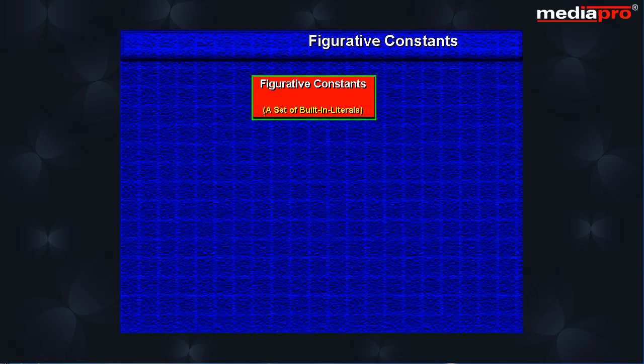RPG also provides a set of built-in literals called figurative constants that we can use in the operations we just saw. The figurative constants are *BLANK, *ZERO, *HIVAL, *LOVAL, *OFF, *ON and *ALL.